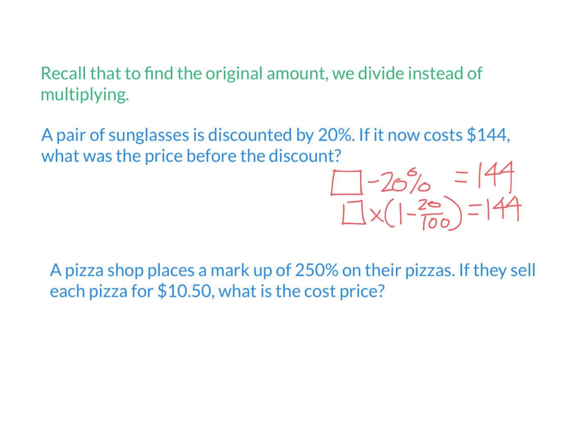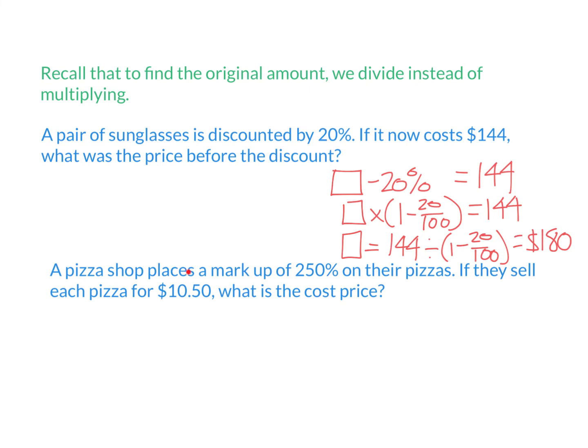So instead of timesing by 1 minus 20 over 100, it's just going to be 144 divided by 1 minus 20 over 100. Now you can put that in your calculator exactly as you see it, and it will give you an answer of 180. So what does that mean? It means if I take 180 and discount or decrease 180 by 20%, I get $144.